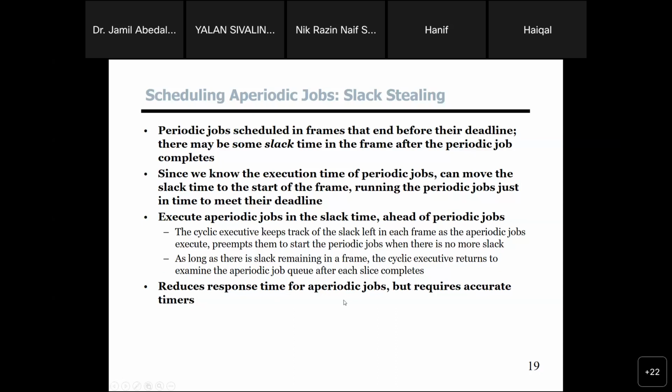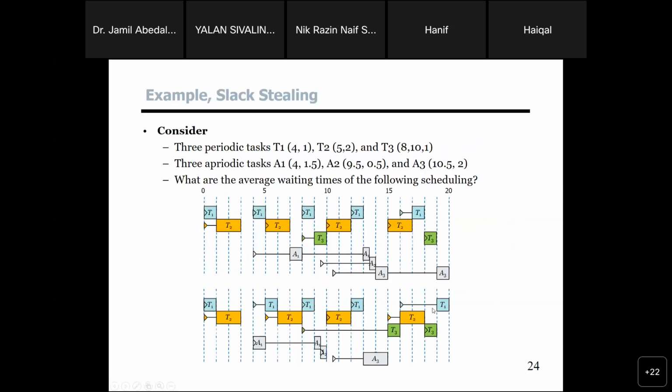This reduces response time for aperiodic jobs, but requires accurate timing. That means the response time of slack stealing scheduling is much better than the response time without slack stealing. Okay, we'll go to next.